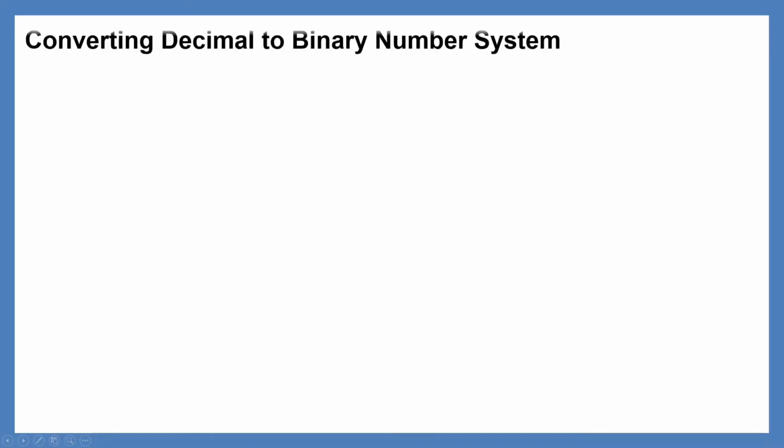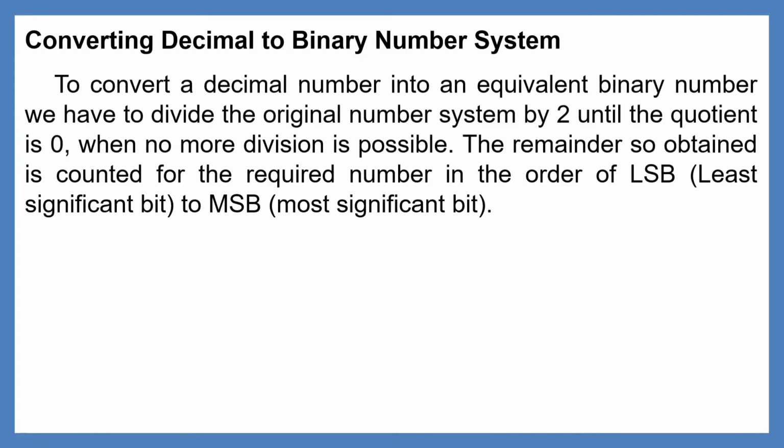Next, let us proceed now to converting the decimal to binary number system. To convert a decimal number into an equivalent binary number, we have to divide the original number by 2 until the quotient is 0 or until you have the number 1, when no more division is possible.